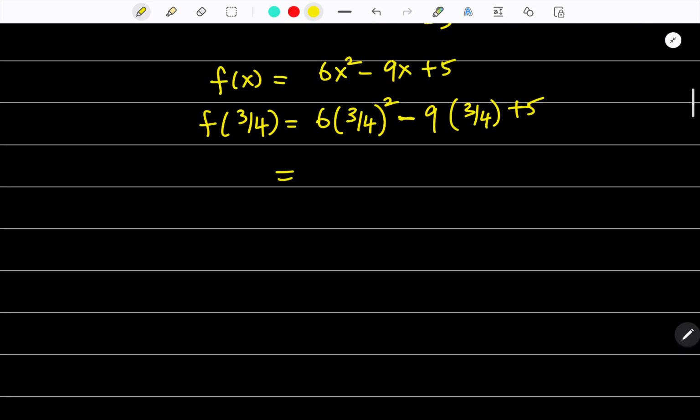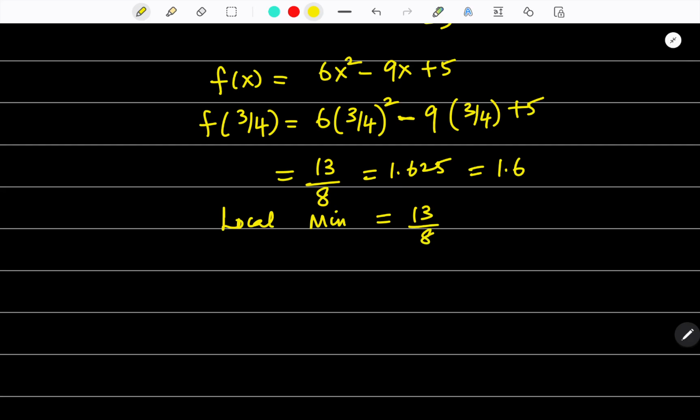Put in the calculator, this is equal to 13 over 8, which in decimal is 1.625, or you can take 1.6. So finally you will get a local minimum. The local minimum is equal to 13 over 8.